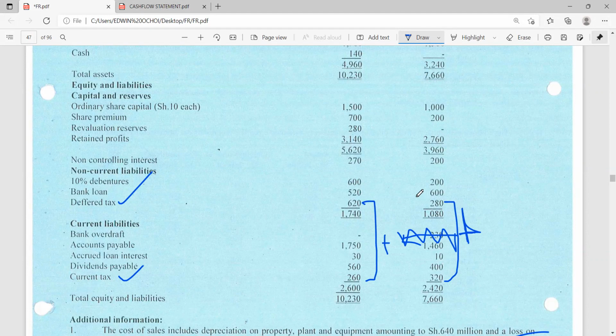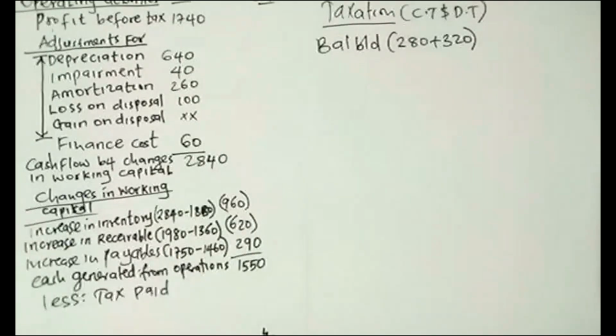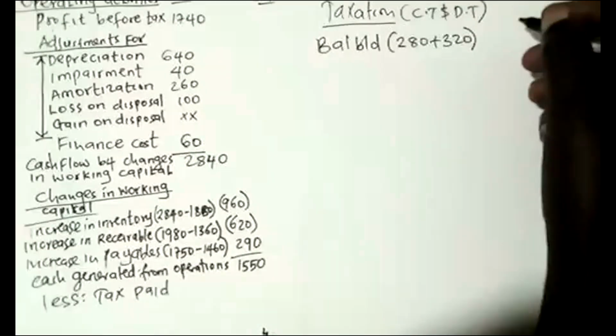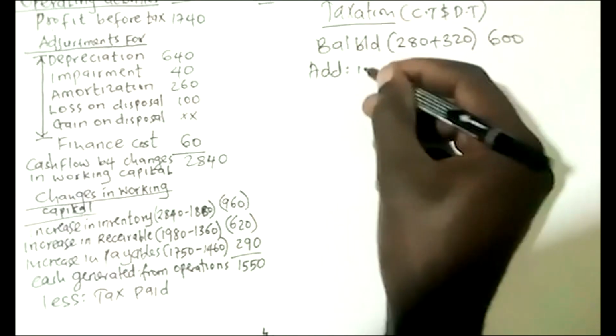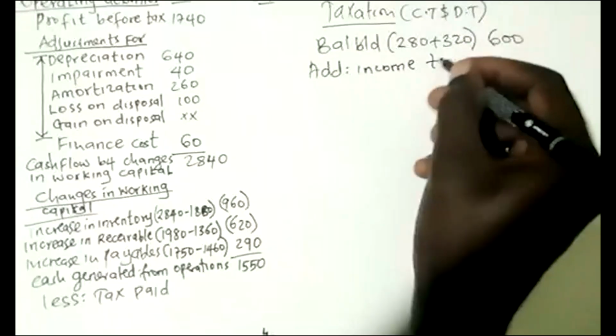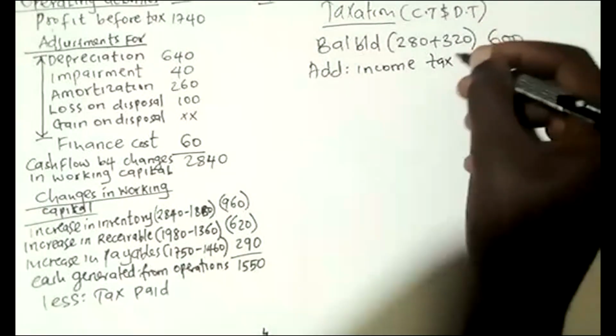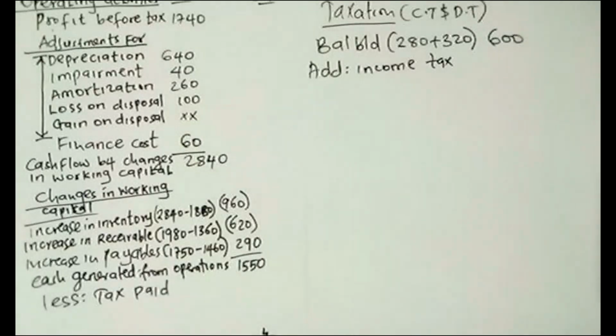So we have balance brought down, 2080 plus 320. Sorry, 280 plus 320. Those are the current and deferred. 600. Go to the income statement. Add the income tax which was supposed to be paid for the year.